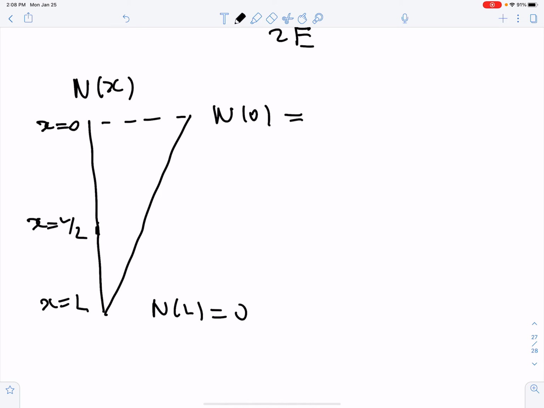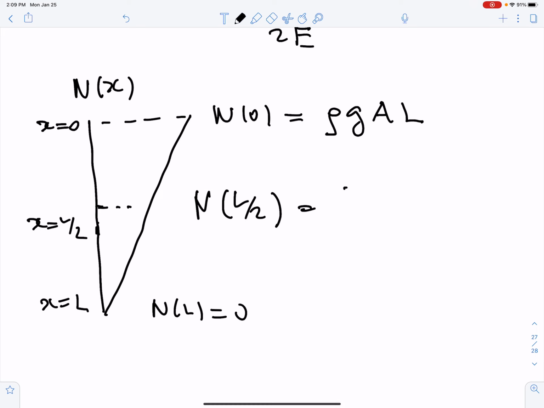N at 0 becomes rho g A L. So this is the maximum force that the cable will develop, and it's not surprising. The force will be at the location where the cable is suspended. And in between, at the halfway point, you get half the force: at L over 2 it is rho g A L over 2.